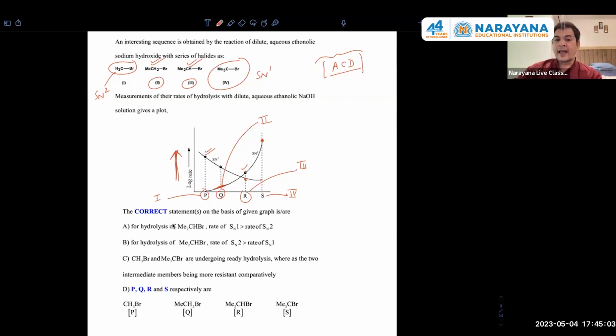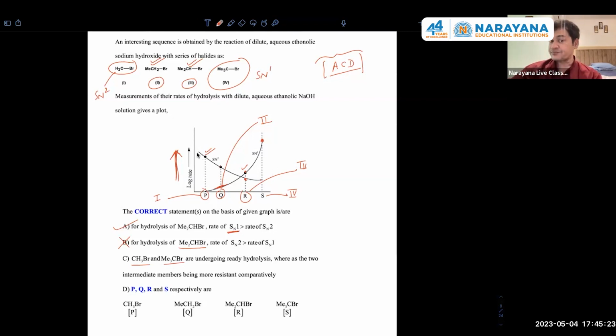You got my point? As per this discussion, for hydrolysis of Me2CHBr, the rate of SN1 is faster. Yes, absolutely correct. For Me2CHBr, SN2 faster? No. CH3Br and Me3CBr undergo ready hydrolysis. Absolutely correct statement.